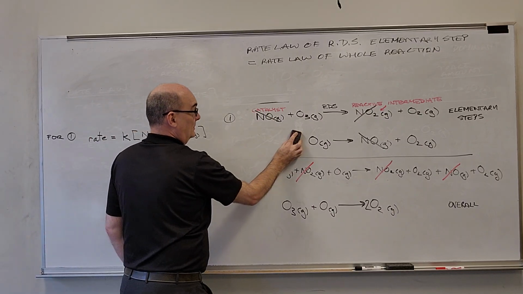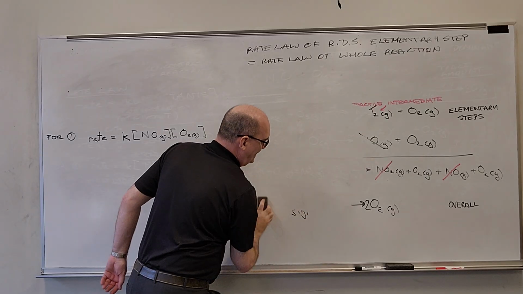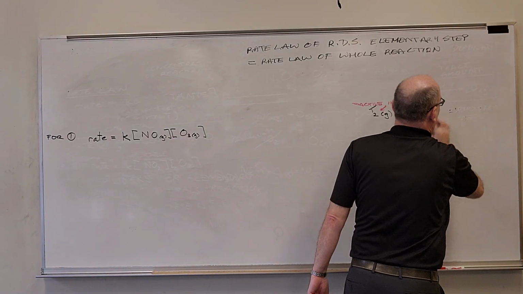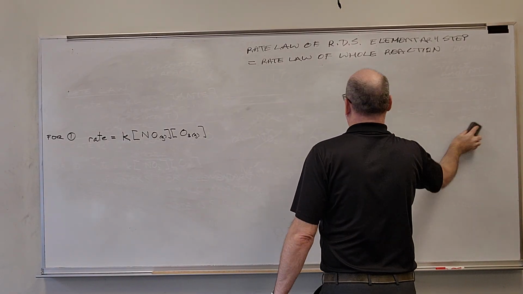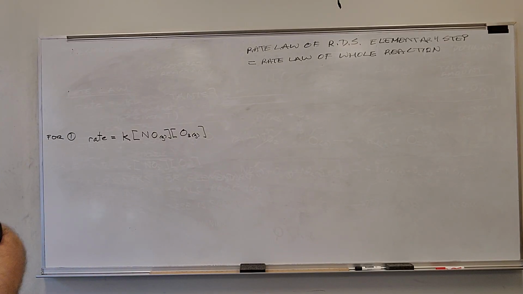By measurements, we measure this reaction and find that line 1 is the rate determining step. Let's just use the numbers that are in the book.